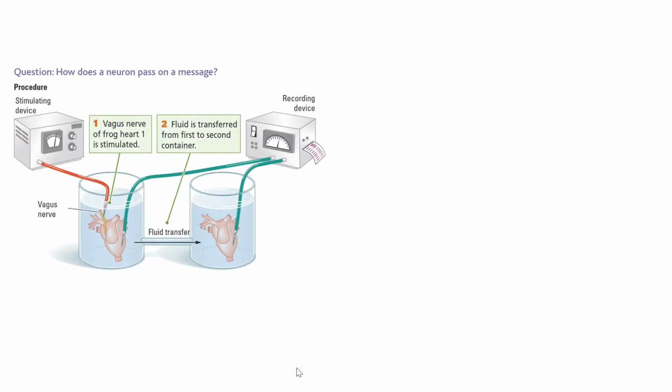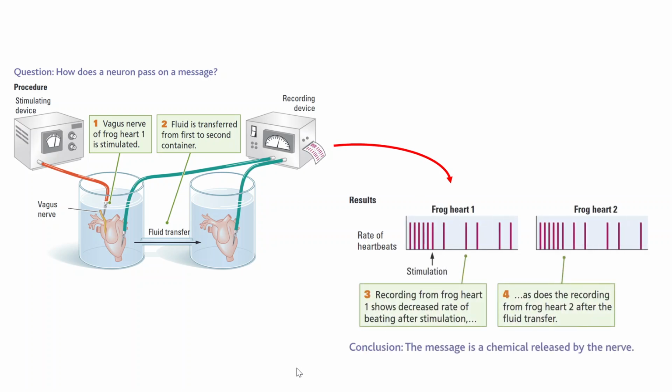So this was their experiment basically. So the heart rates of both hearts are synchronized, and when one heart rate slows on stimulation, the other also slows even if that is not directly connected to the vagus nerve. So yeah, messages or signals are communicated chemically across the nerves or across the neurons.